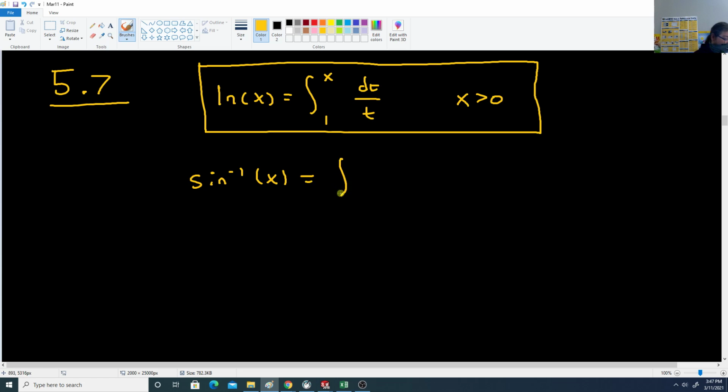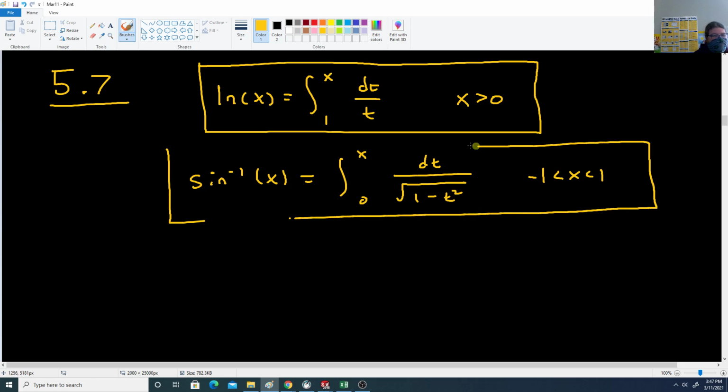We can represent this as the integral from 0 up to x of dx over square root of, sorry, I wrote dx, I meant dt, because since x is the upper limit, we have to change the variable to a different name. This would be square root of 1 minus t squared, and this would be for x's between -1 and 1.